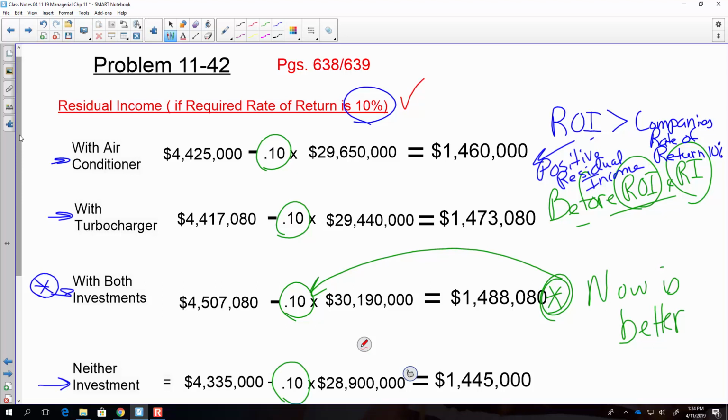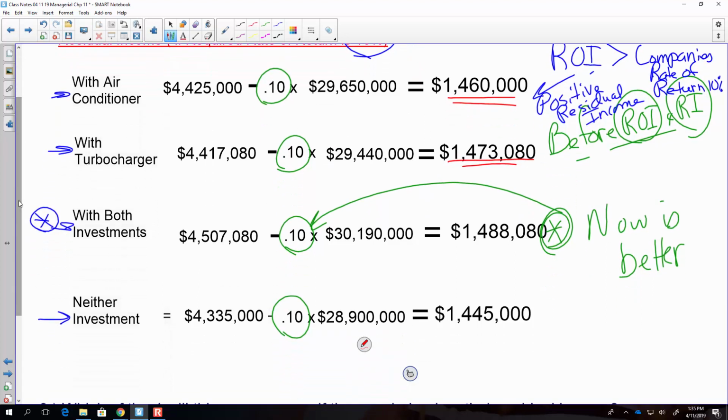So what I've done, instead of having us compute it by hand and doing it in class, I just wanted to do it beforehand and provide an overview of which scenario now is best for this particular company. And as it is now, the best choice is to do both investments.